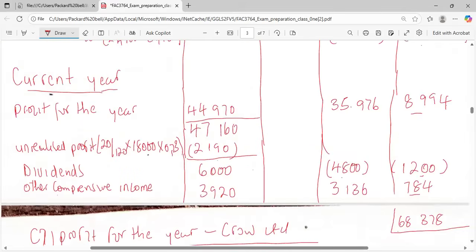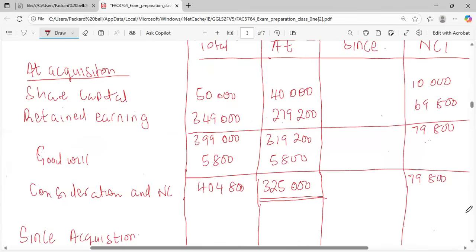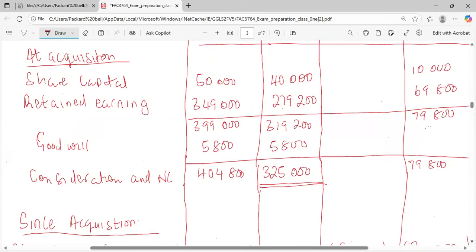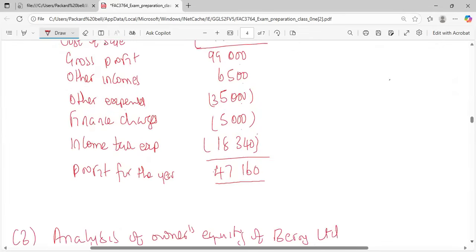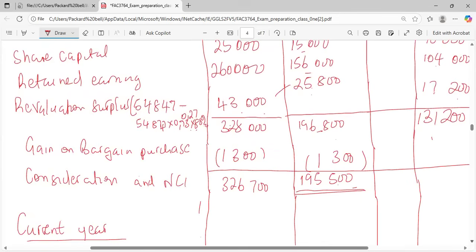Which means now we can take whatever we want to the profit and loss. We are done with the gain on bargain purchase. It's 1,300.